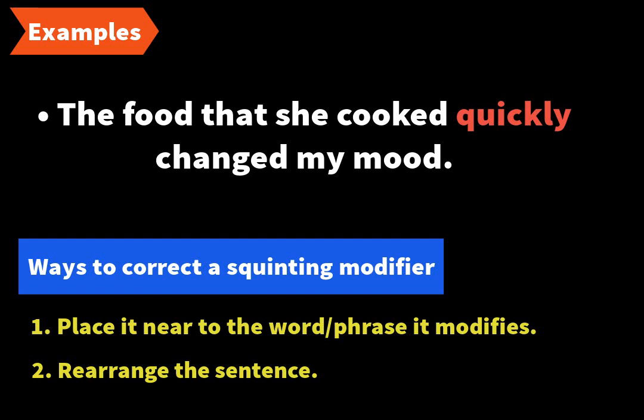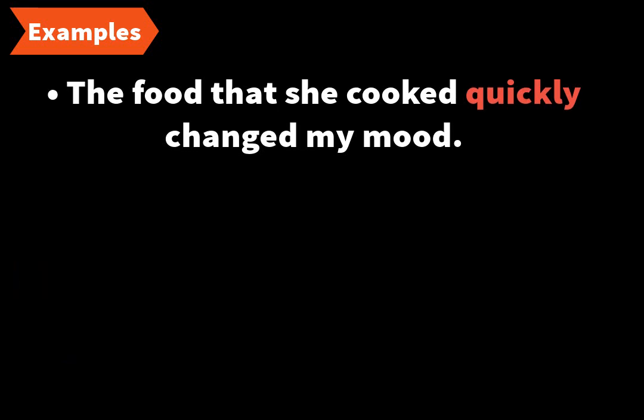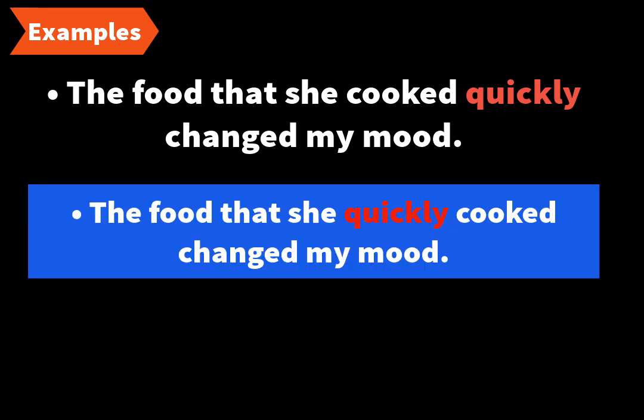So how do we correct this statement? If I want to modify the action of cooking, she cooked quickly, all right, I'll place this modifier close to it, which it actually is right now. It is very close to it, just after it. But it is placed in a way that it creates confusion. So now I'm going to place it before this word cooked. So we'll say, the food that she quickly cooked changed my mood.